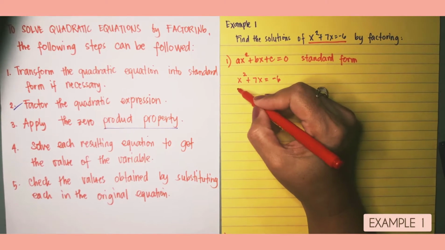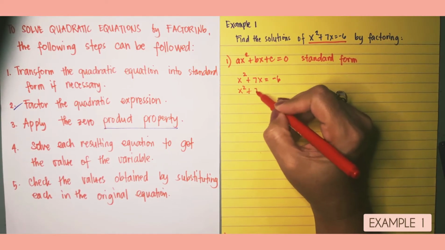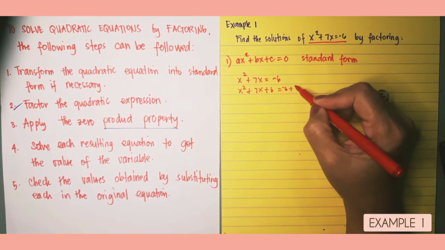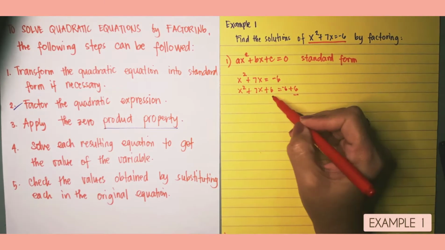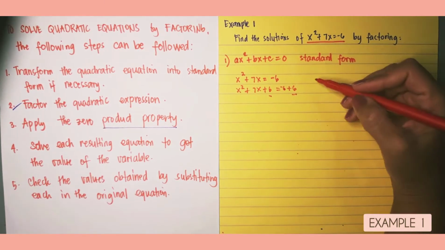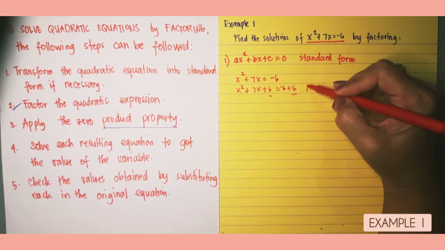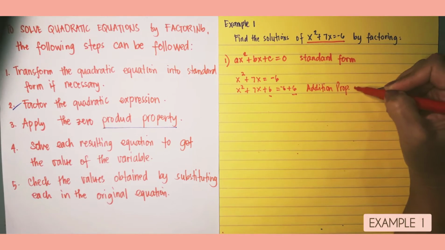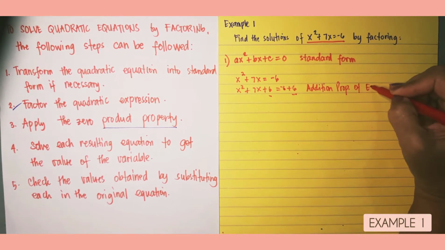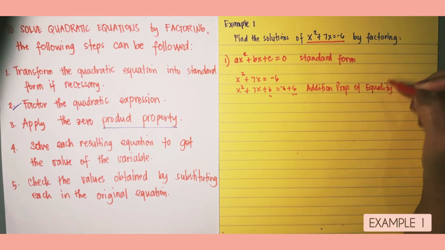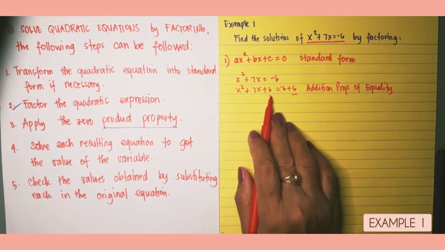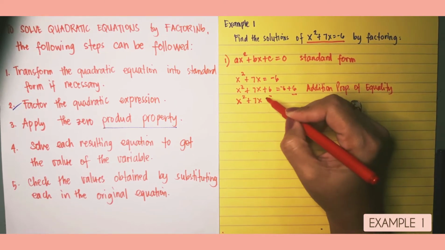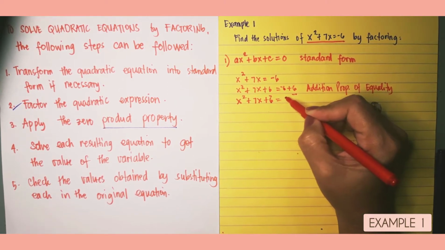So this becomes x squared plus 7x plus 6 equals negative 6 plus 6. So I added 6 on both sides of the equation by following the addition property of equality. And simplifying this, it becomes x squared plus 7x plus 6 is equal to 0.